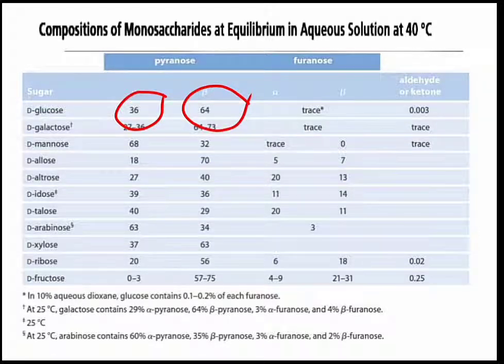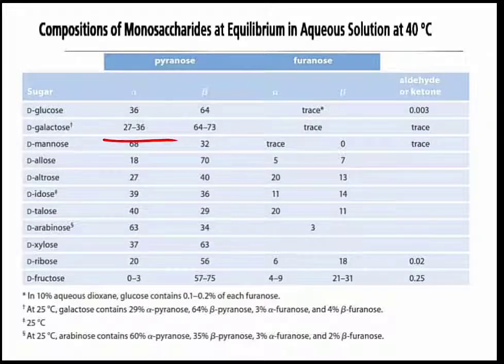In case of galactose, there are 27 to 36% alpha anomer and 64 to 73% beta anomer, and different values for allose, altrose, idose. You can check all of this.